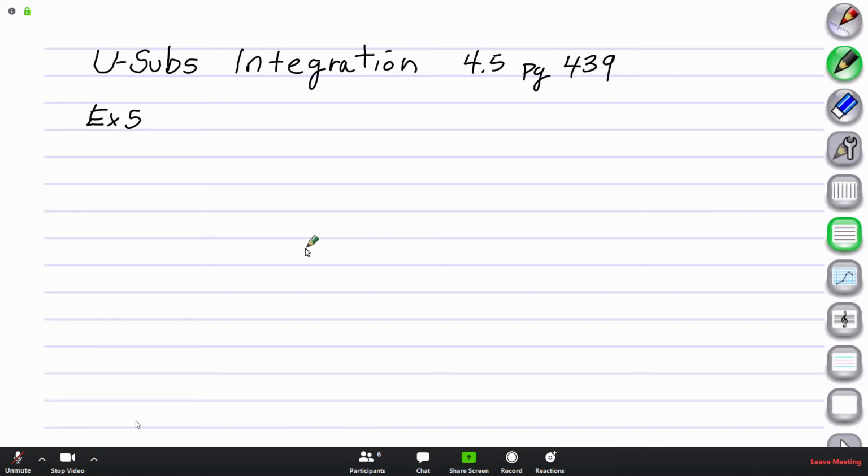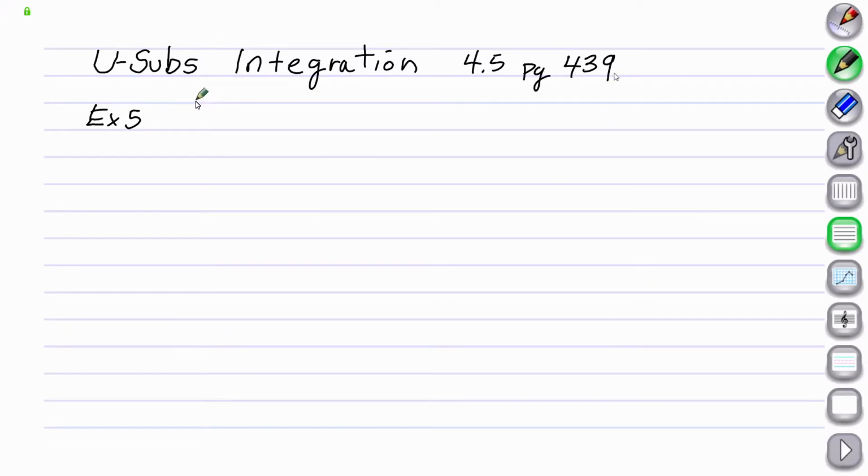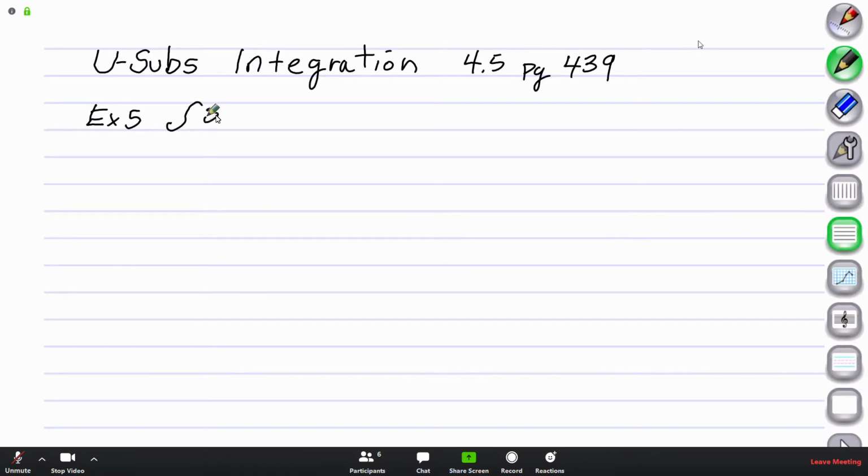So I'm going to write down this problem number 5. This is example 5. This is a fairly easy one, and then we're getting to some tougher ones. So this is the integration of 3x squared times (x cubed plus 1) to the 10th.